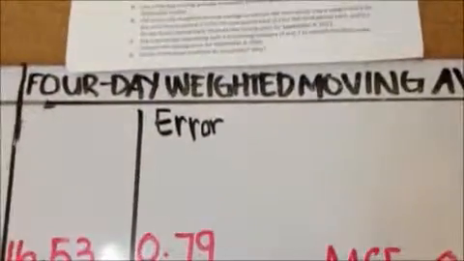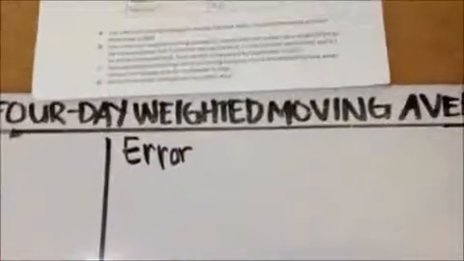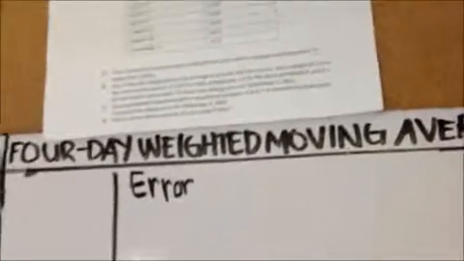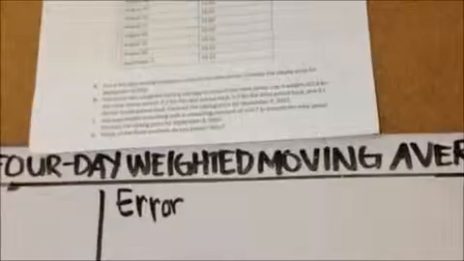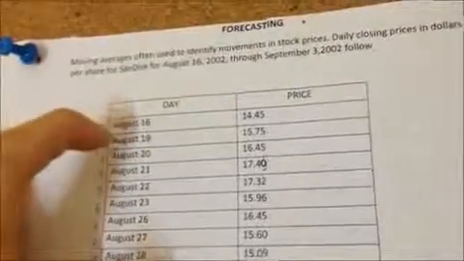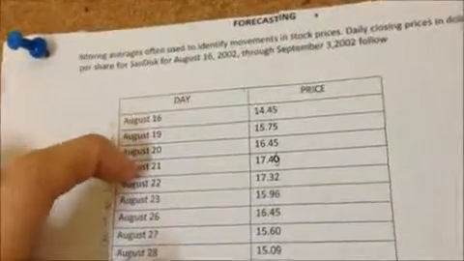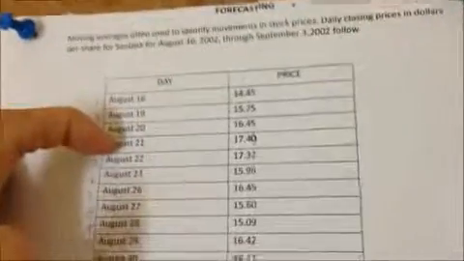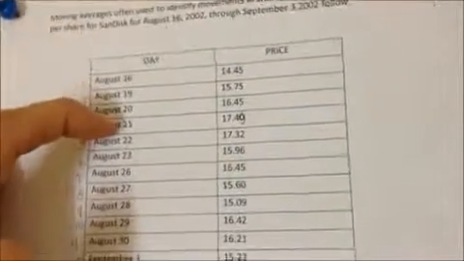How to do the 4-day weighted moving average? You have to get 4 data, for data number 1, 2, 3, and 4. How to calculate this? It is like from bottom to top.